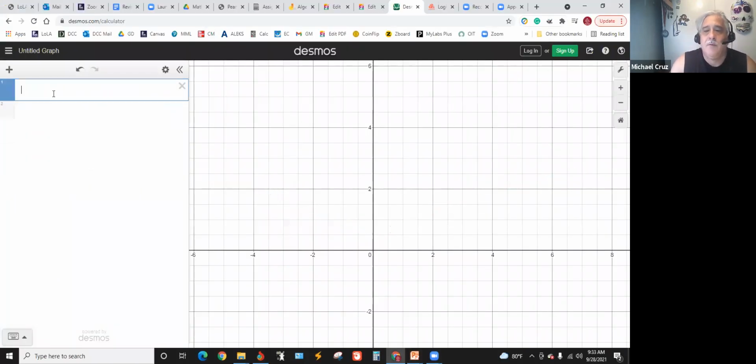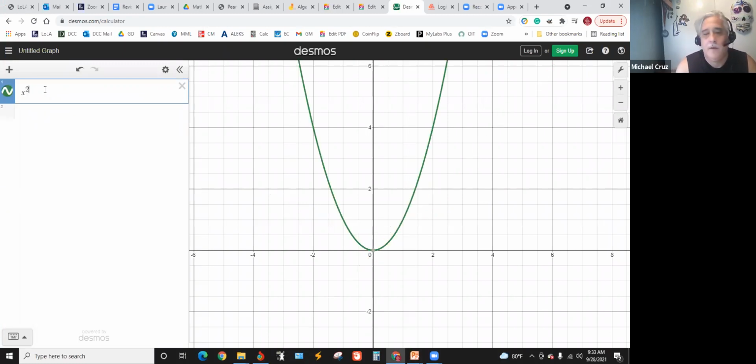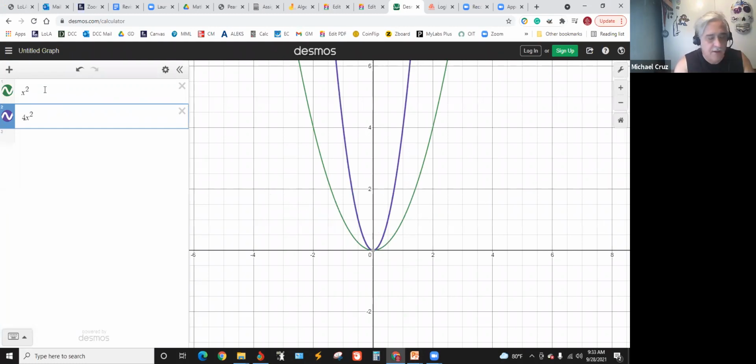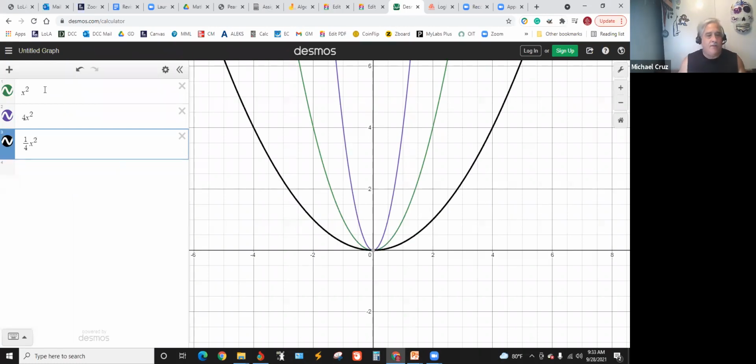All right, let's see what we can do. x squared, and then let's say 4x squared. See how it makes it a smaller one. And then if we have a fraction, let's put a 1/4. Then it makes it fatter.